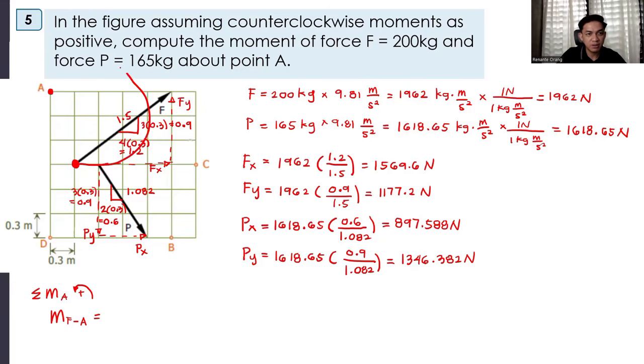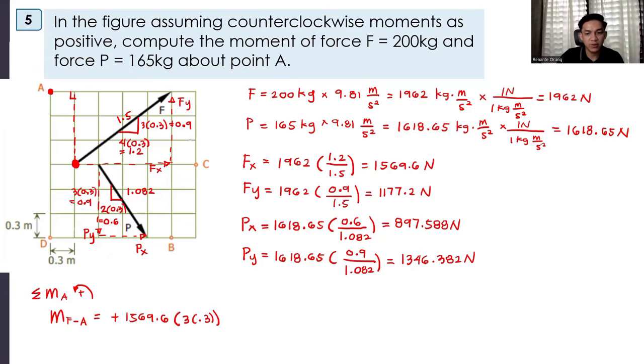Fx, when rotated about point A, is counterclockwise, so it is positive 1569.6 multiplied by our lever arm. This is the distance, because this is our Fx. This is perpendicular, so we have 1, 2, 3, that is 3 times 0.3.